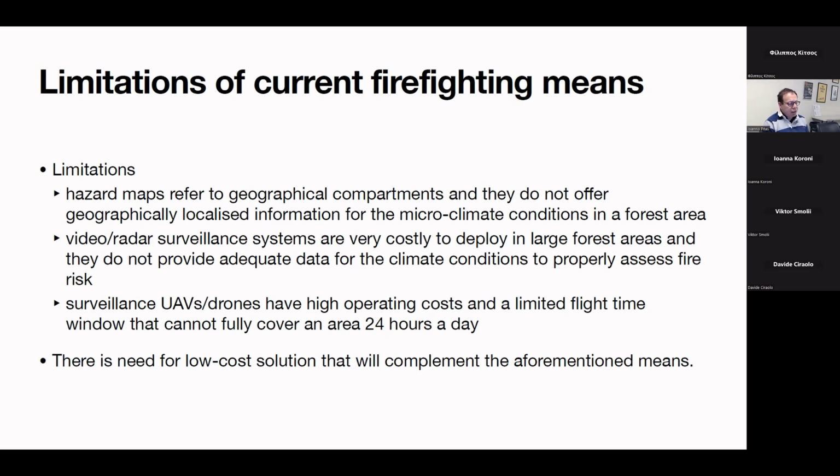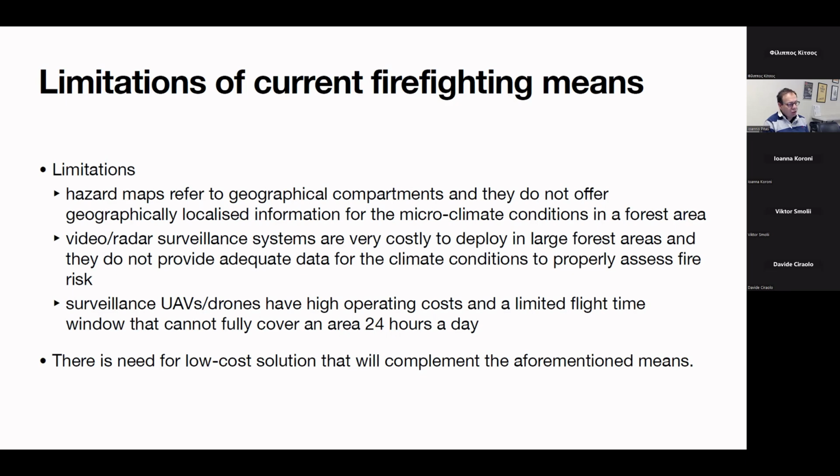Another limitation is that the video and radar surveillance systems are very costly to deploy, especially in large forest areas, and they do not provide adequate data for the climate conditions to properly assess fire risks. And the third limitation is that surveillance UAV drone systems have high operating costs and a limited flight time window, so they cannot fully cover an area for 24 hours a day.